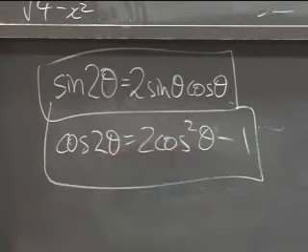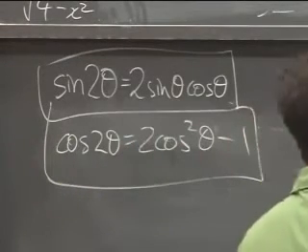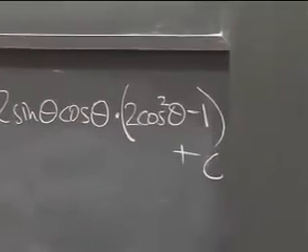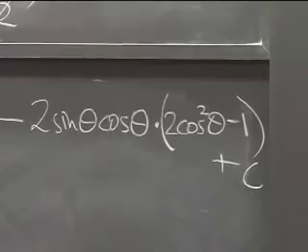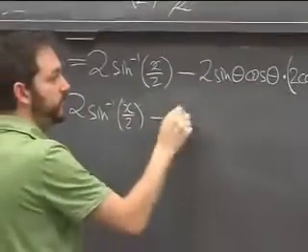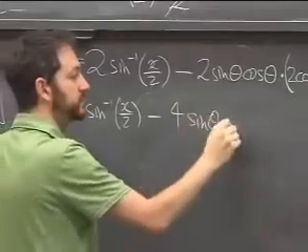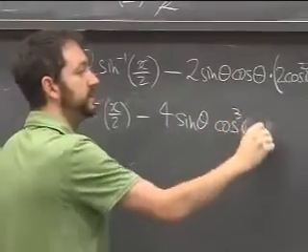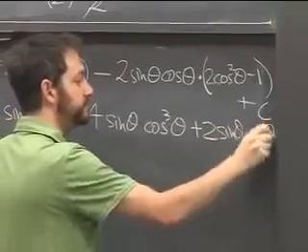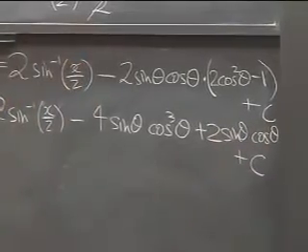So it's a bit of a mess. Let's see what we have. One term looks like 4 sine theta cosine cubed theta, and the other one is plus 2 sine theta cosine theta. Now we can use our triangle.